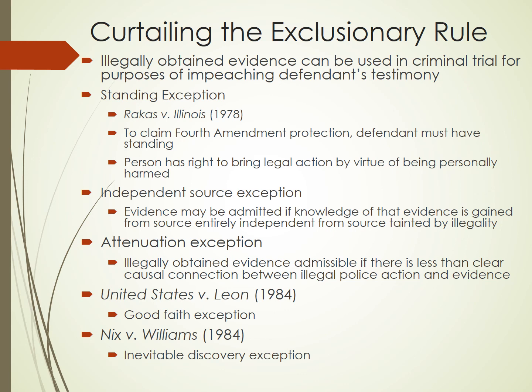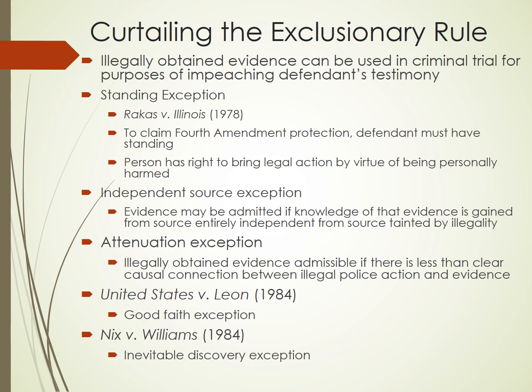The independent source exception is the biggest one, and this is that inadmissible evidence may become admissible if the knowledge of that evidence is gained from a source entirely independent of the previously tainted source. So if you can demonstrate that you could find out about this evidence without any influence or tainting of the evidence, it can come back in.